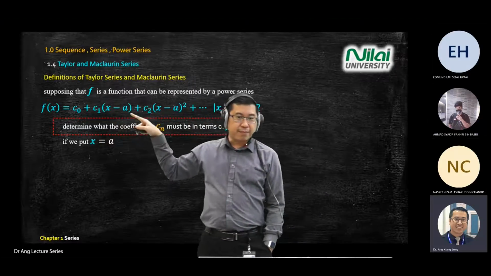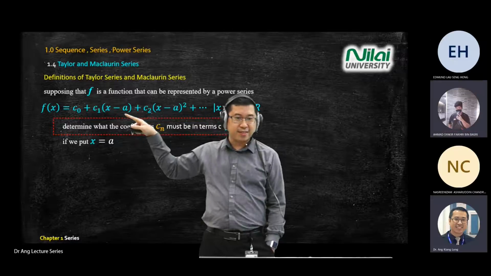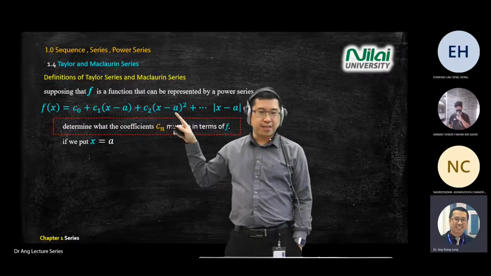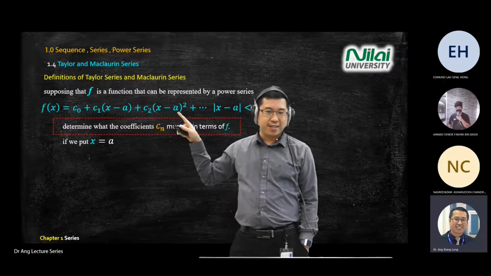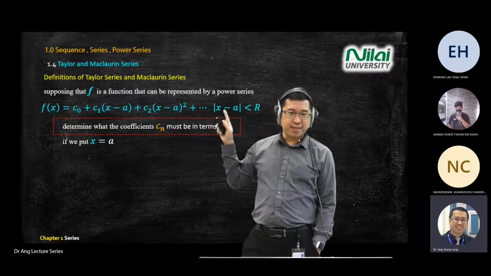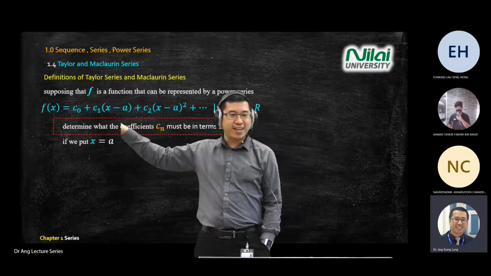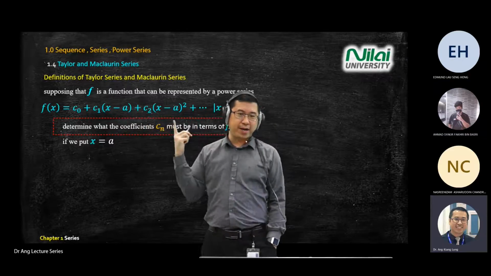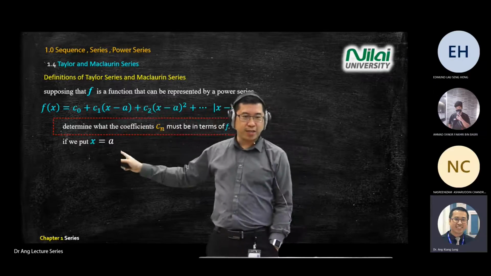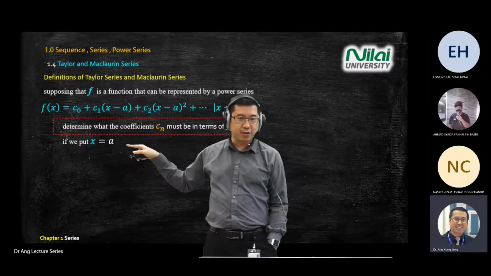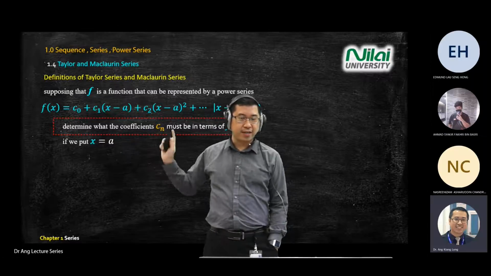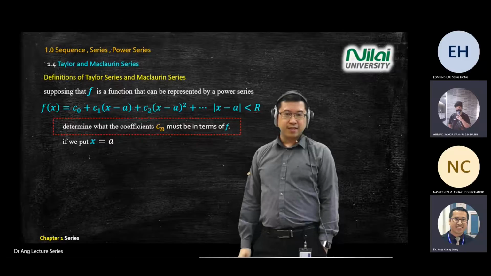What is the second number? 0. Plus the third number? 0. Plus the fourth number also 0. But you add all the numbers together, you still get what? 1. You still have C0 in the equation if your x equals a. Correct? Yes.